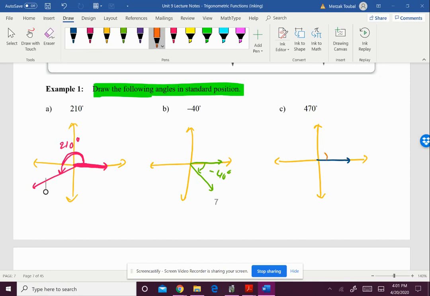So far, this is 360. And from 360 to get to 470, you need an extra 110. So that's 90, and then an extra 20. So approximately this is the angle. This is 470 degrees.